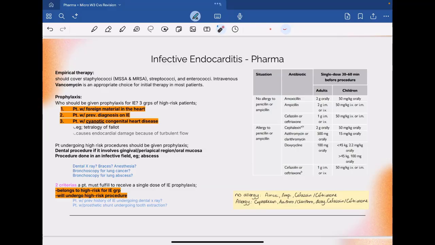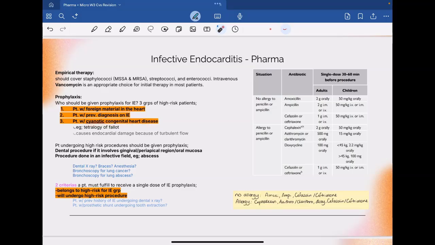Prophylaxis is preventing the patient from getting infective endocarditis. There are 3 main cases that you should give the patient prophylaxis for. When they have foreign material in the heart, any previous diagnosis of infective endocarditis, and cyanotic congenital heart disease.